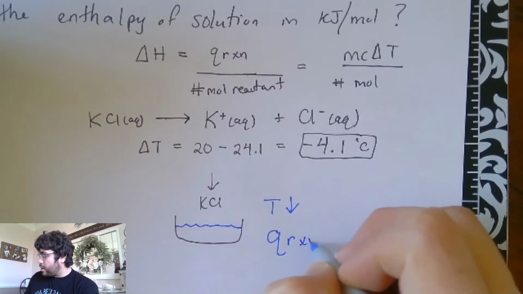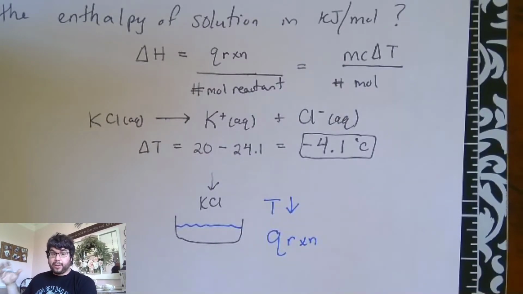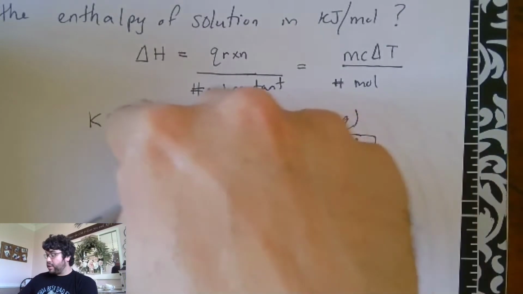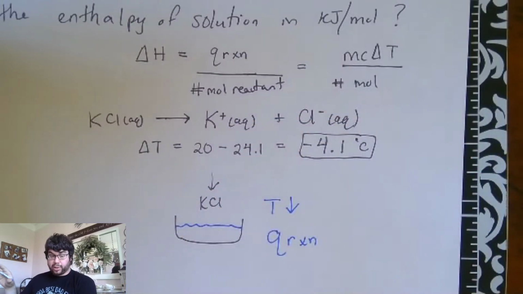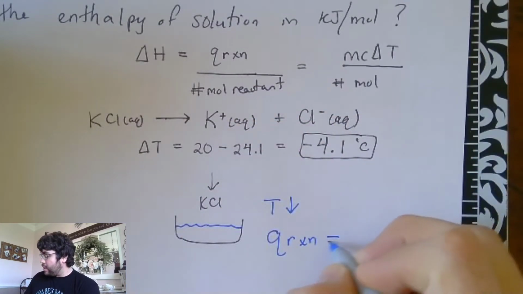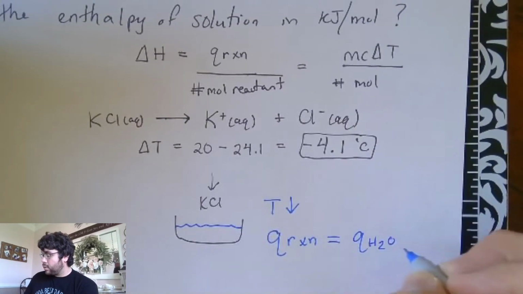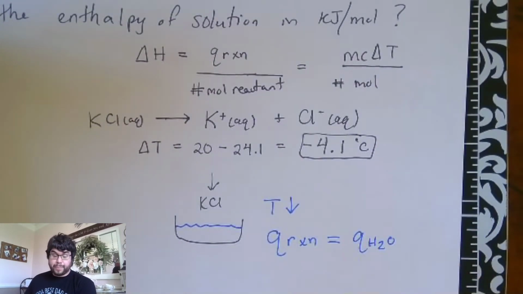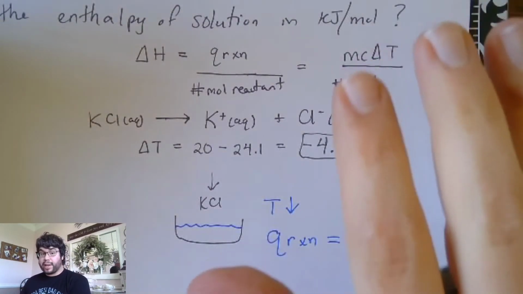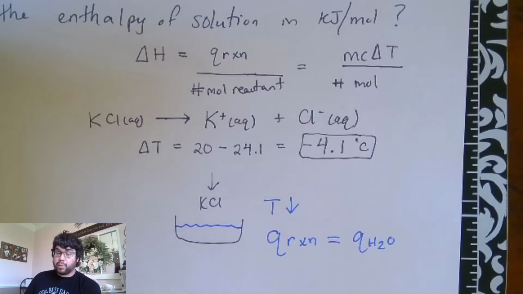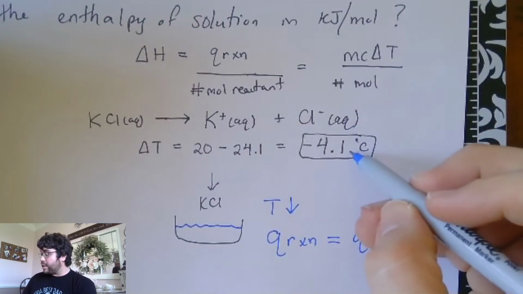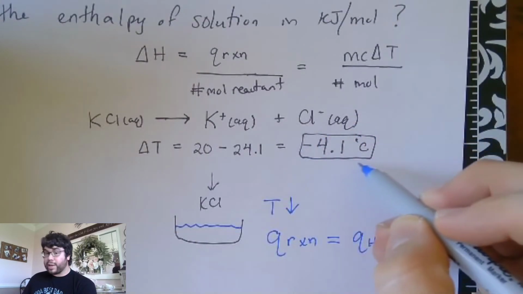The amount of energy that occurs with this reaction, with these ions forming, with the salt dissolving, is equal to the amount of energy that the water receives or gains. In this case, this is an endothermic reaction. How do I know it's an endothermic reaction? I know that because the temperature of the solution went down.